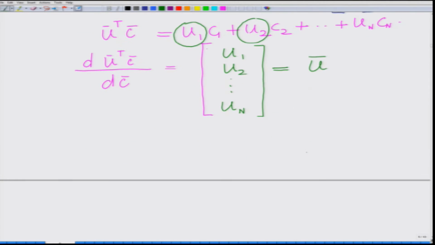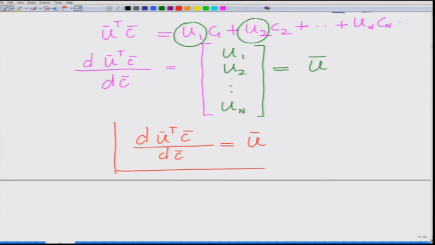Therefore, we have this interesting result that the derivative of u bar transpose C bar with respect to C bar is u bar.